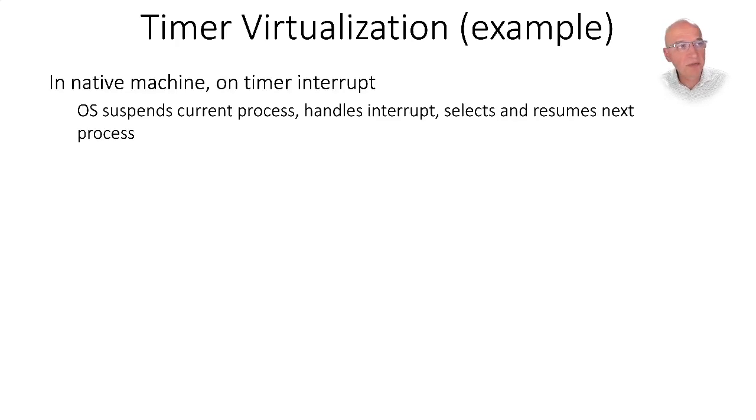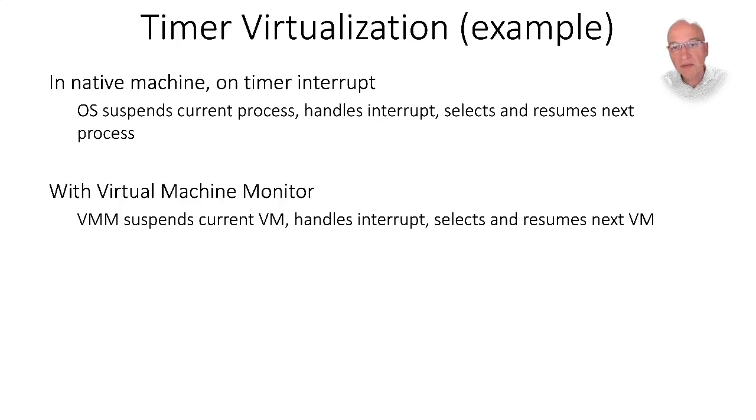An example, for example, is timer virtualization. So in the native machine, when there is a timer interrupt, the operating system will suspend the current process, handle the interrupt, select and resume the next process. With a virtual machine monitor, the virtual machine monitor will suspend the current virtual machine, will handle the interrupt, and will select and resume the next virtual machine. So you can see the description is pretty much the same. The only thing that changes is that we are not handling processes in a machine, but we are handling virtual machines.